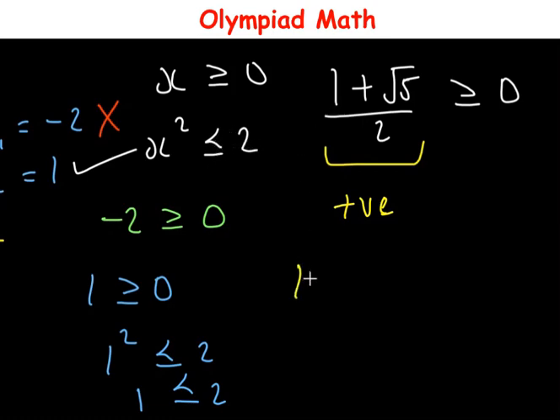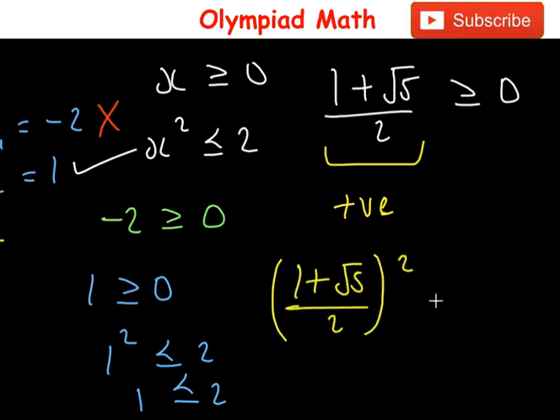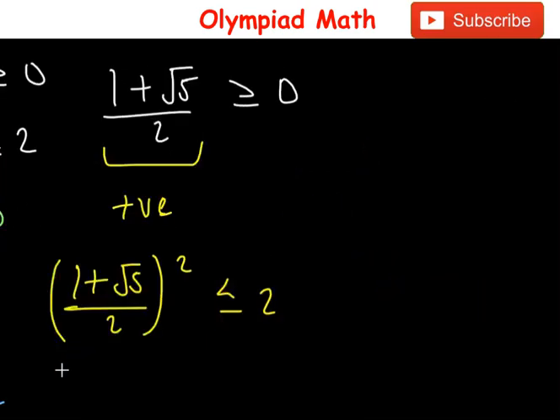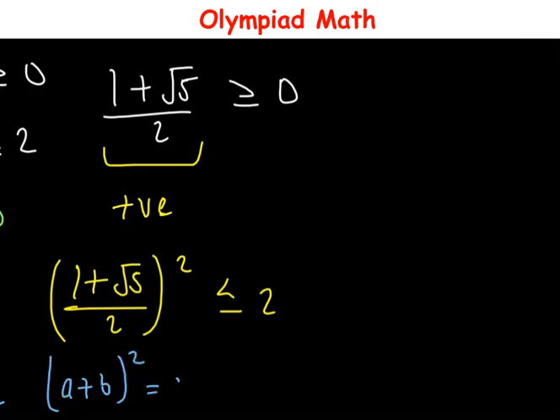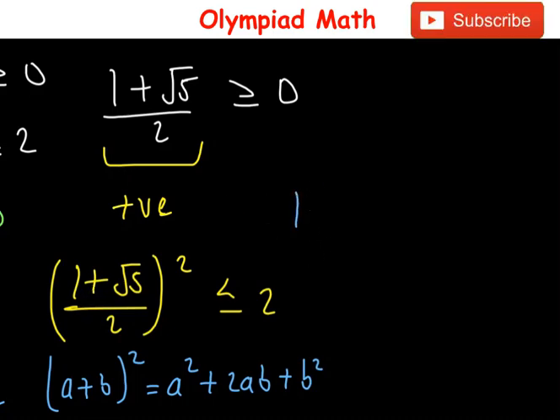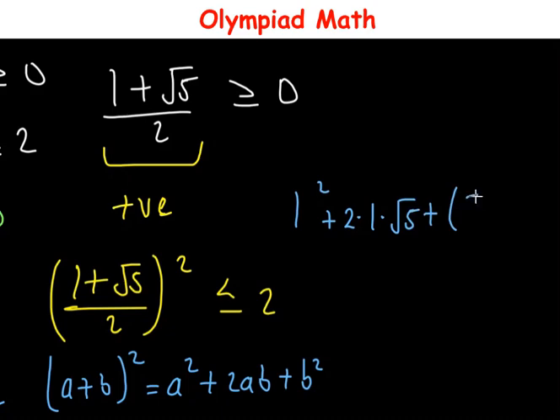Okay, what of the other condition, that x squared should be less than or equal to 2? So for x as (1 + √5)/2, all squared, will this be less than or equal to 2? From here, making use of the identity that (a + b) all raised to power 2 equals a² + 2ab + b², this then becomes 1 squared, plus 2 times 1 times √5, plus (√5)² all divided by 2 squared, which is 4.